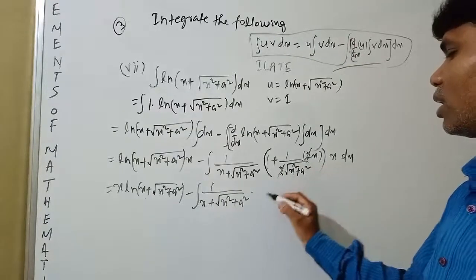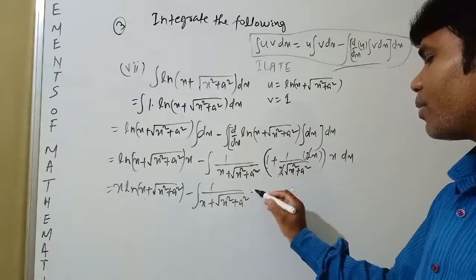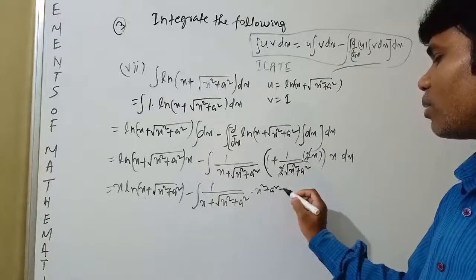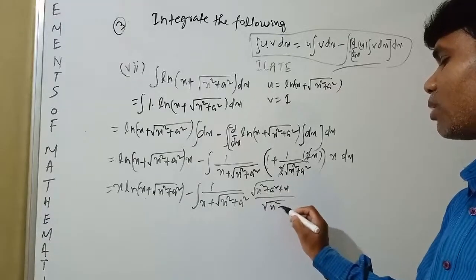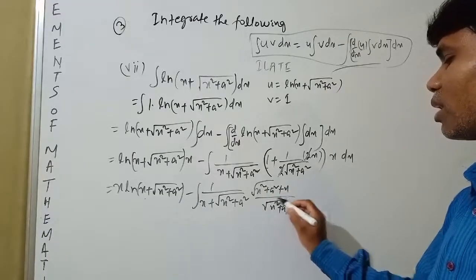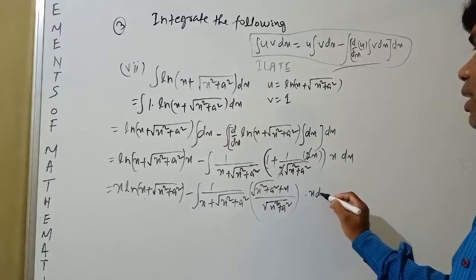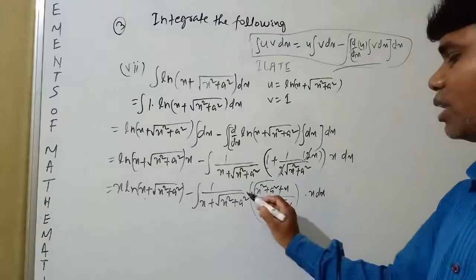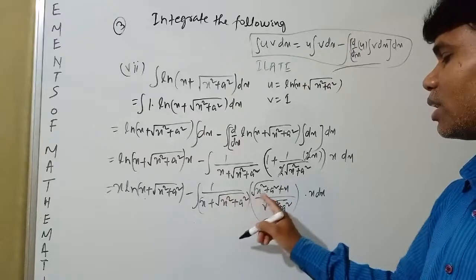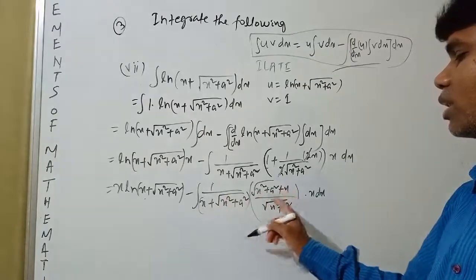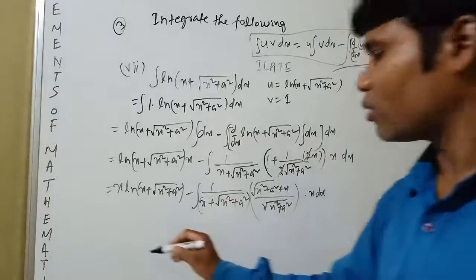That means we get root over x square plus a square plus x by root over x square plus a square, into dx. You see, root over x square plus a square plus x appears here and also here. These two will cancel out.